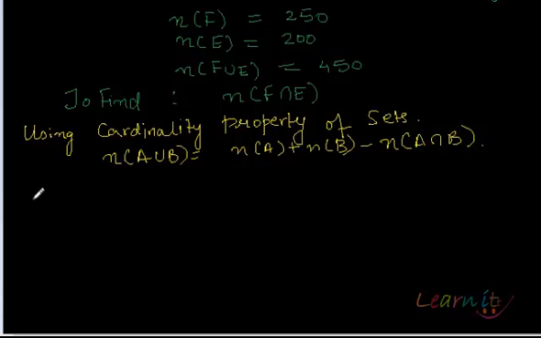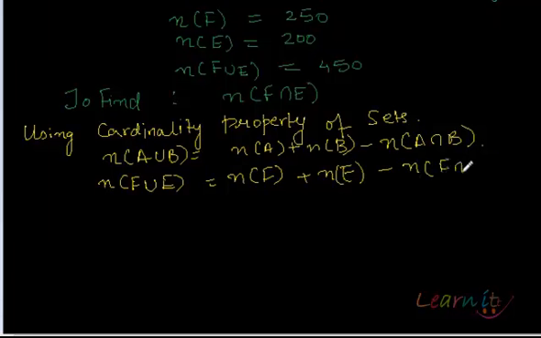Here in this case it is n(F union E) equals n(F) plus n(E) minus n(F intersection E). We have that this union is 400, which is the total number of people. We know that French speaking are 250. We know that English speaking are 200.